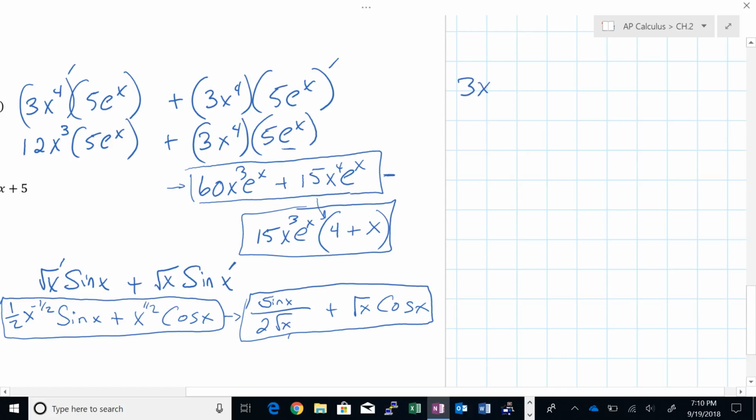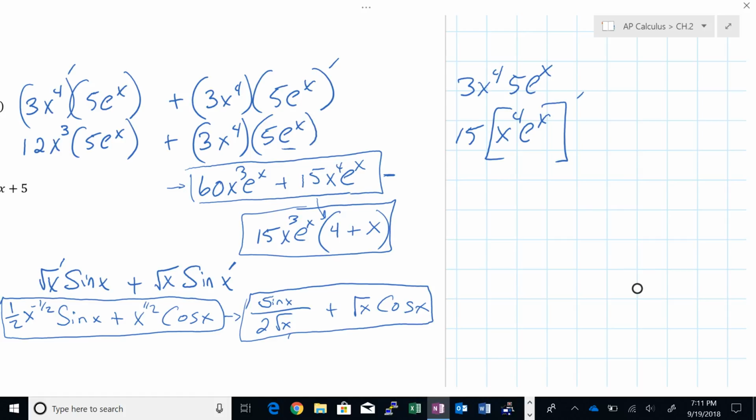Notice it's 3x to the 4th, 5e to the x. And remember we said that on some of these problems you may want to clean it up before you even start differentiating. You could bring the 15 out front. 3 times 5, x to the 4th, e to the x. And the constant multiple rule says what, guys? Differentiate that part and then just tack your constant 15 back through. So you'll still get the same answer.